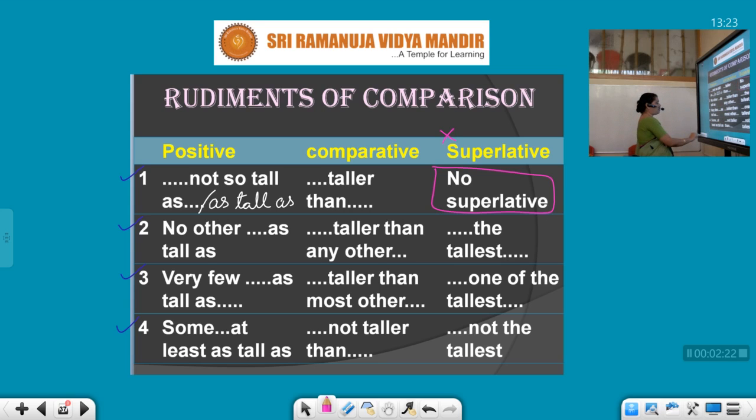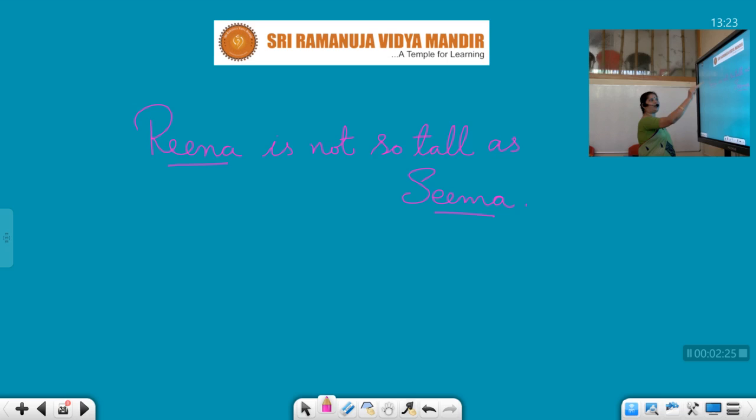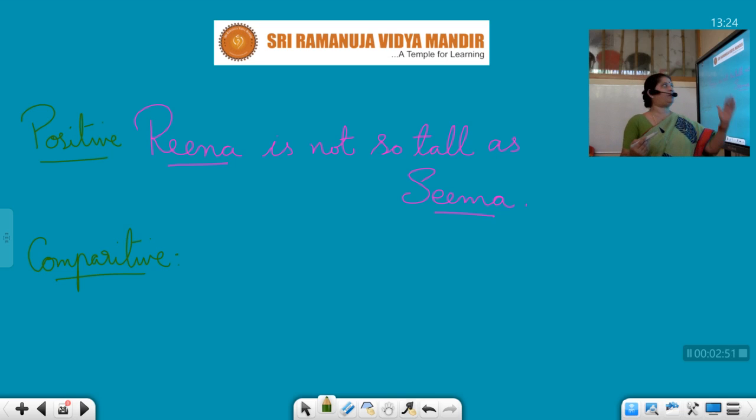So I'm only talking about Reena, who is not as tall as Seema. So this is a positive case. Now how do we go for a comparative case? What is comparative? Taller than. Supposing they give you a question like this, Reena is not so tall as Seema, then change it into comparative. How are you going to write it in comparative?